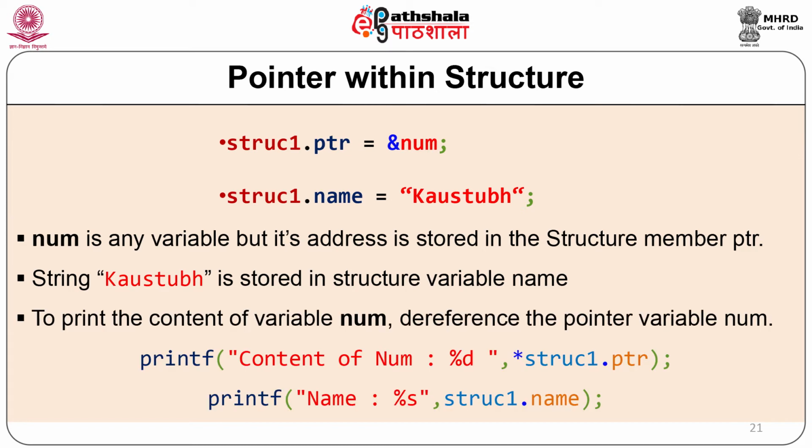Whenever we need to print the content of a variable, you can see the sample code: printf content of num, name comma struct 1 dot name.